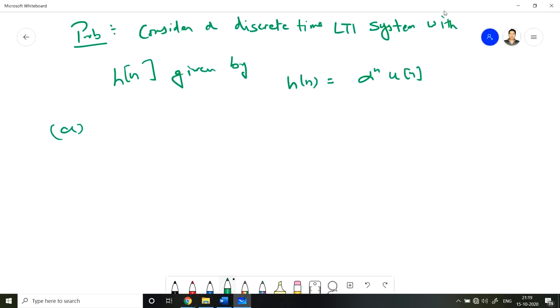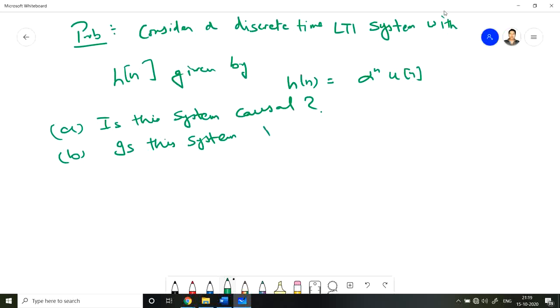The first part: is this system causal? And the second part: is this system BIBO stable? So we need to solve these two problems.